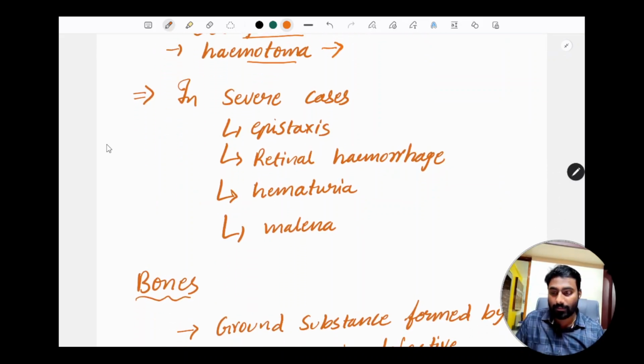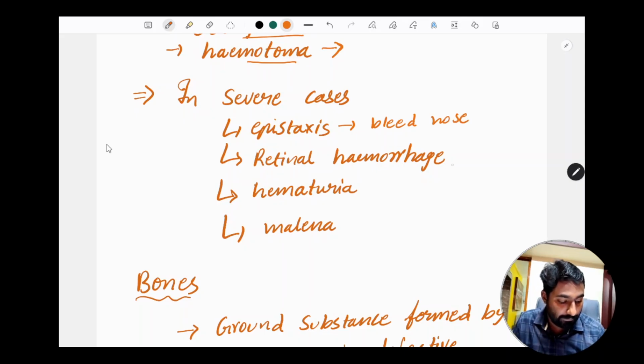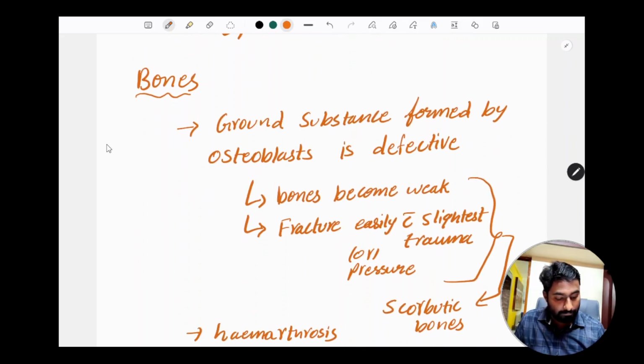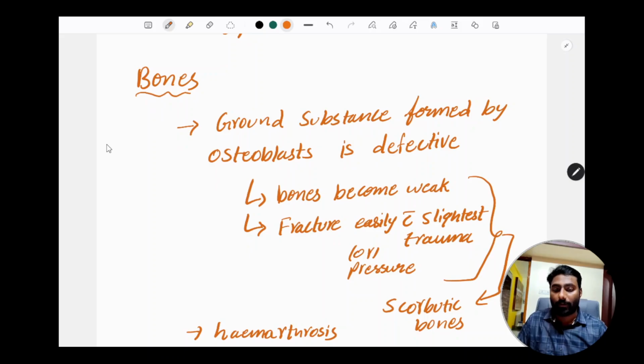In severe cases, there is epistaxis, bleeding through the nose, retinal hemorrhage, which you will see in the eye, hematuria, blood in the urine, and melena, blood in the intestine. Since vitamin C helps in osteoid formation through collagen, any deficiency causes issues in the bone.